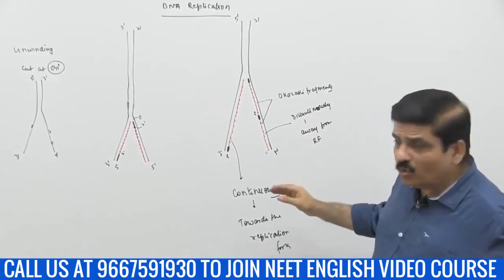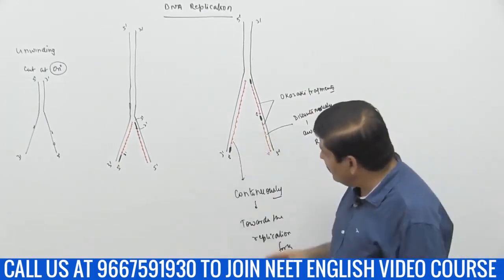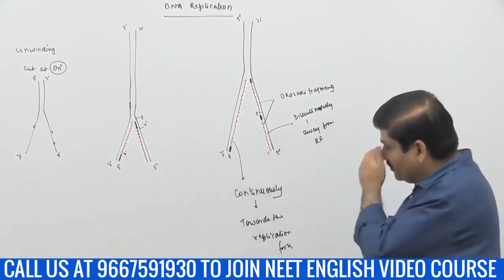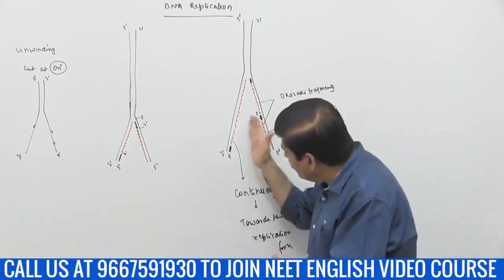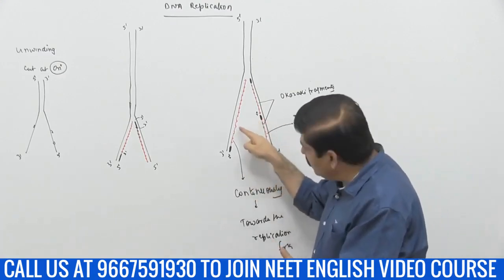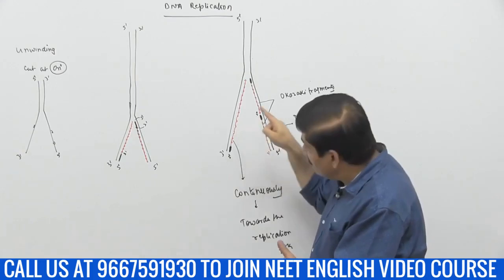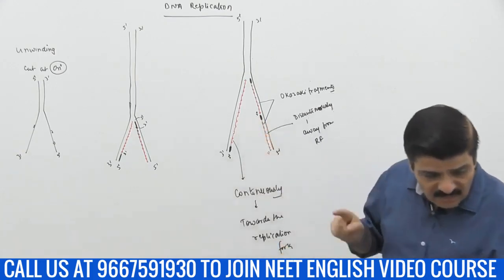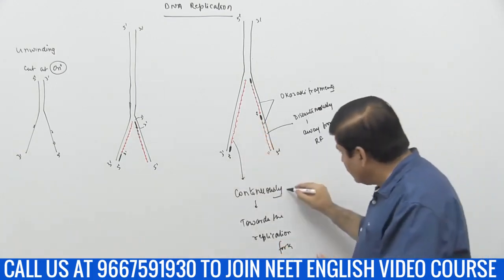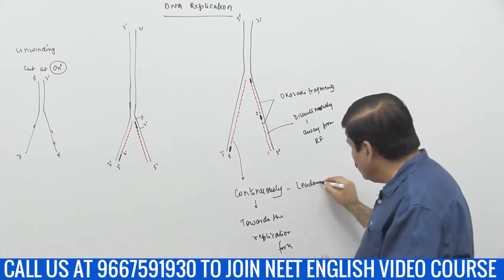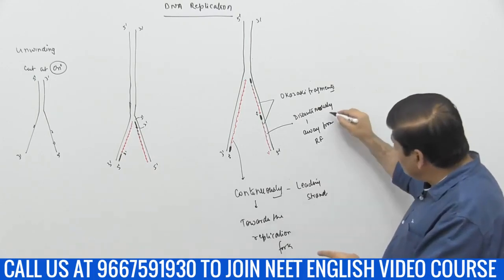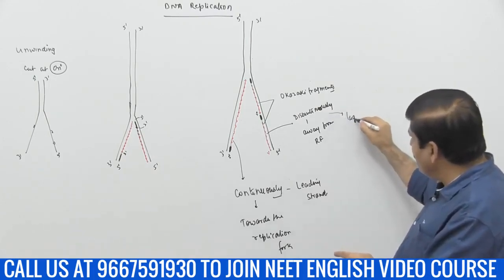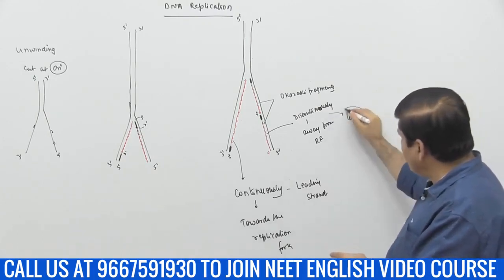I hope this is absolutely clear, because one of the strands is being synthesized continuously, the other discontinuously. The strand that is synthesized continuously is appropriately called the leading strand, while the discontinuously synthesized strand is called the lagging strand.